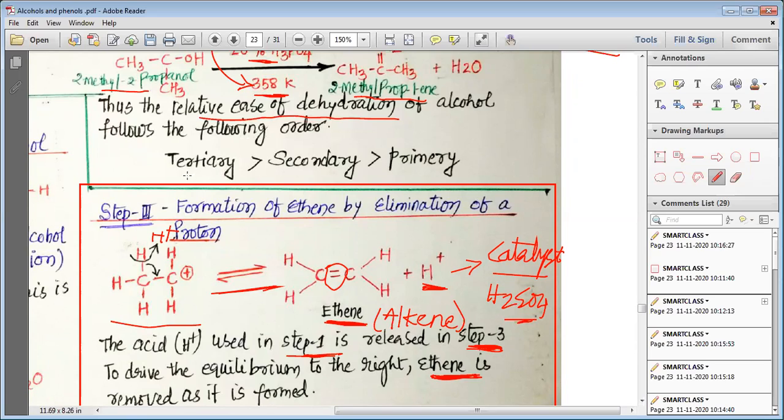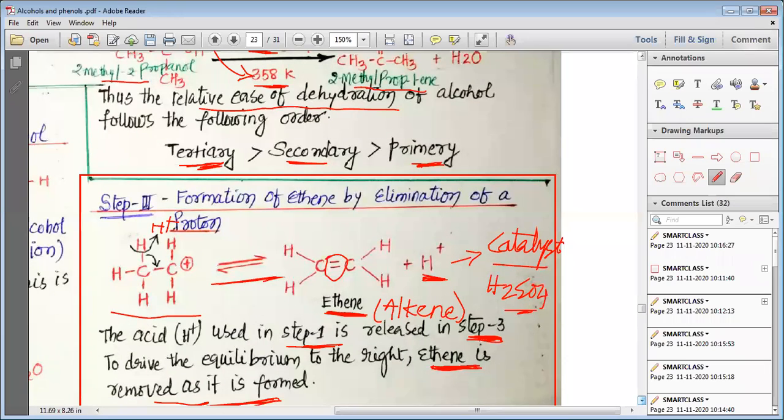Tertiary alcohols can be dehydrated easily under milder conditions. Secondary alcohols need slightly harder conditions, and primary alcohols need the hardest conditions. So the ease of dehydration of alcohols is tertiary greater than secondary greater than primary.